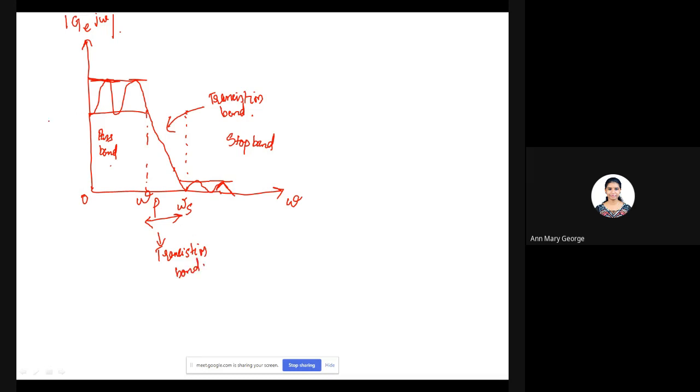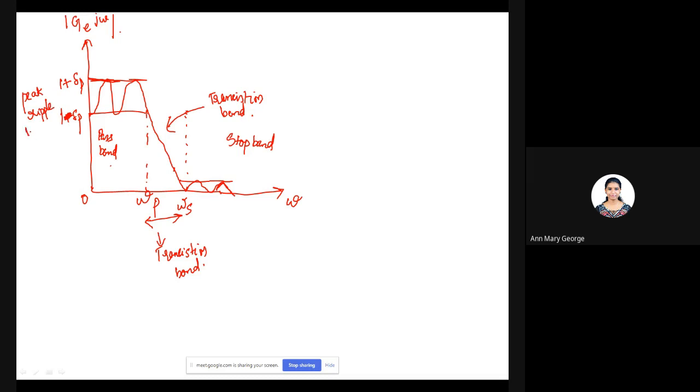And this will be 1 plus del p, and this will be 1 minus del p. That is, this will be the peak ripple value.